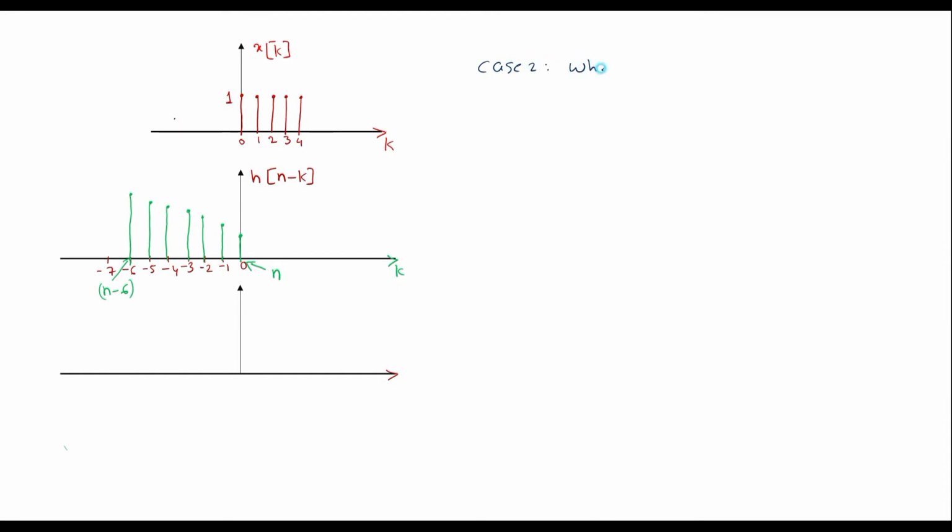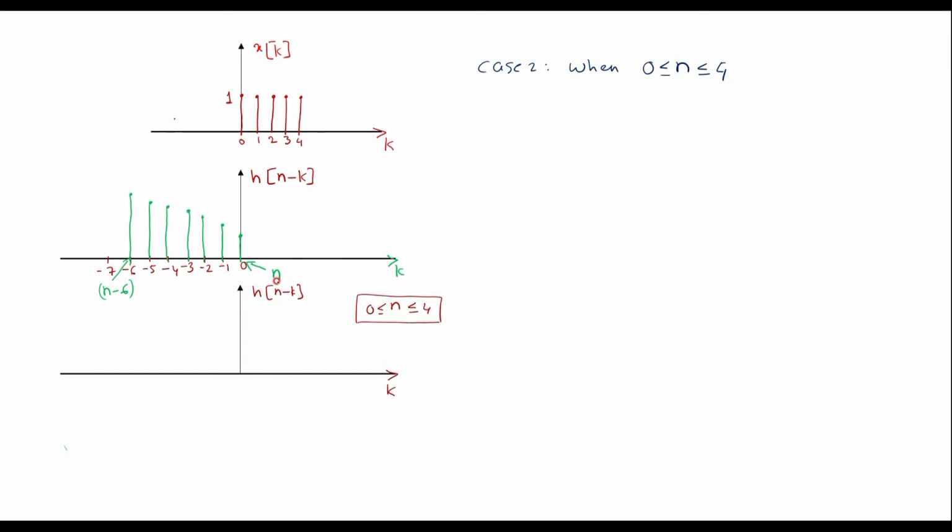when n is less than or equal to 4 and greater than or equal to 0. Let this be the h of n minus k signal when n is less than or equal to 4 and greater than or equal to 0. Now we'll assume that this n point is the head end of h of n minus k and n minus 6 is the tail end of h of n minus k.